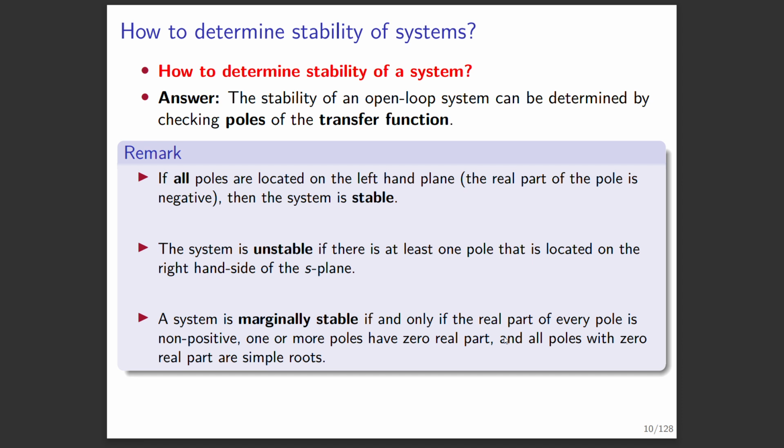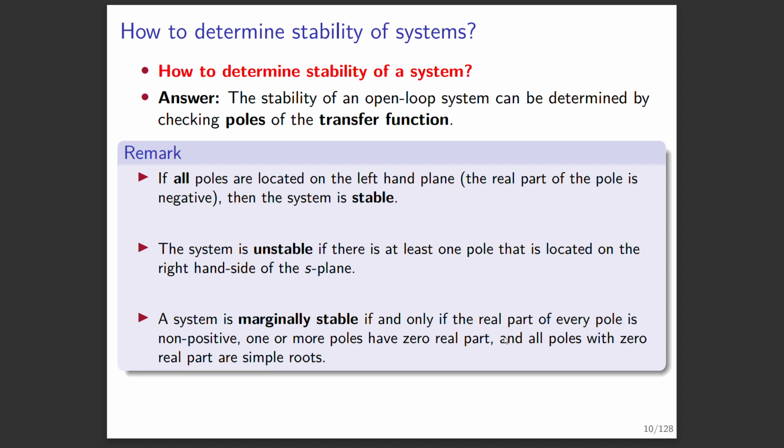Okay, so stability means all the poles are on the left. Instability means there exists one pole on the right. Marginal stability means that all of the poles are on the left, but there are poles on the imaginary axis. But those poles that are on the imaginary axis are simple roots.